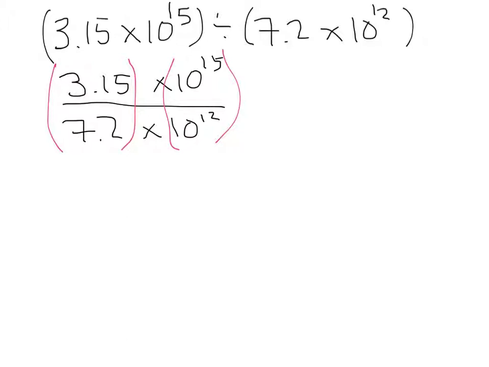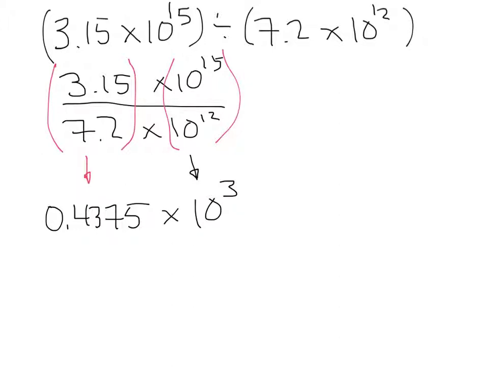If we do each fraction and write it as a decimal, this part right here gives us 0.4375, and our tens gives us 15 tens on the top, canceling with 12 tens on the bottom. That would leave 3 tens on the top, and so we're multiplying by 3 tens.